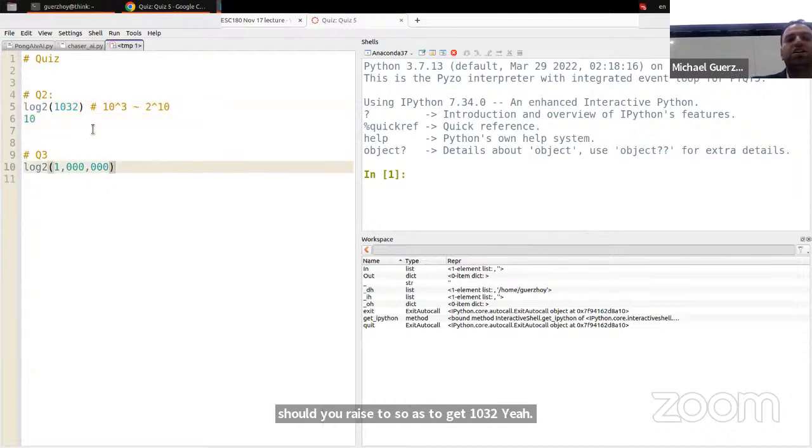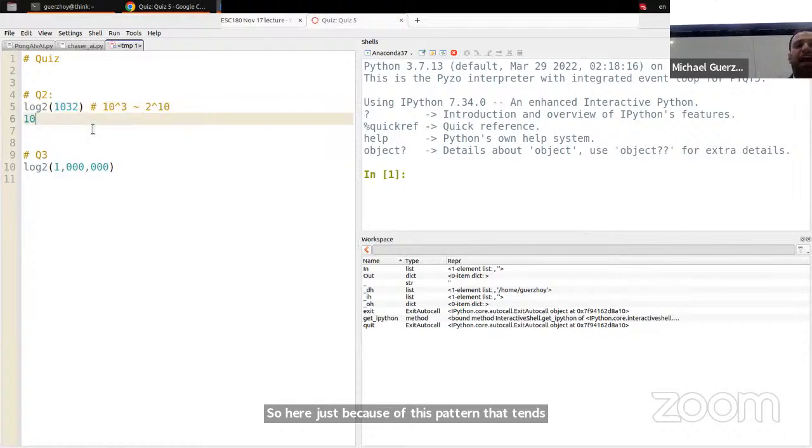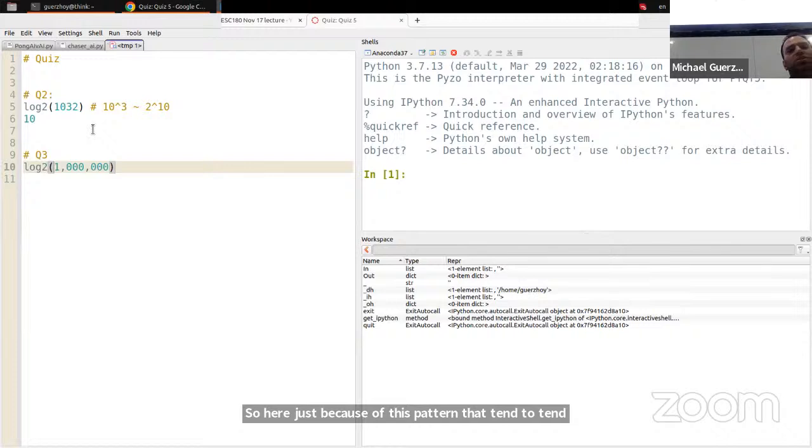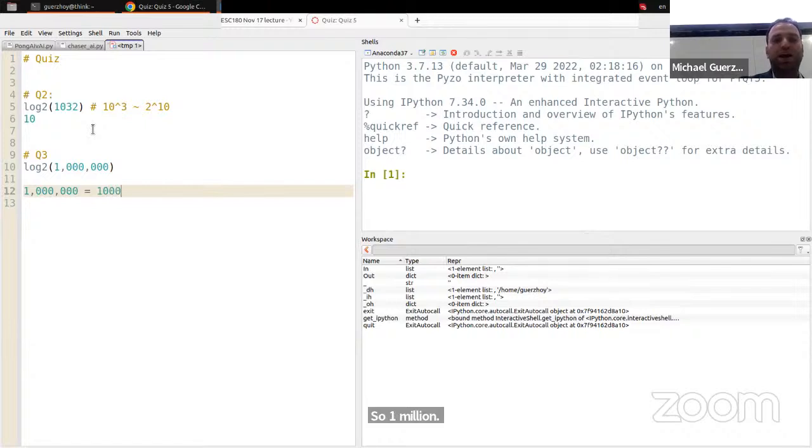So here, just because of this pattern that 10 cubed is about 2 to the 10, you can infer what is the log 2 of any number by just remembering, oh, this is just 1,000 squared, right? So 1 million is equal to 1,000 squared.